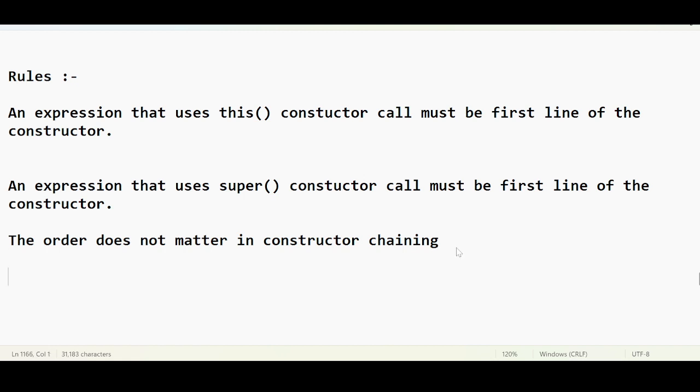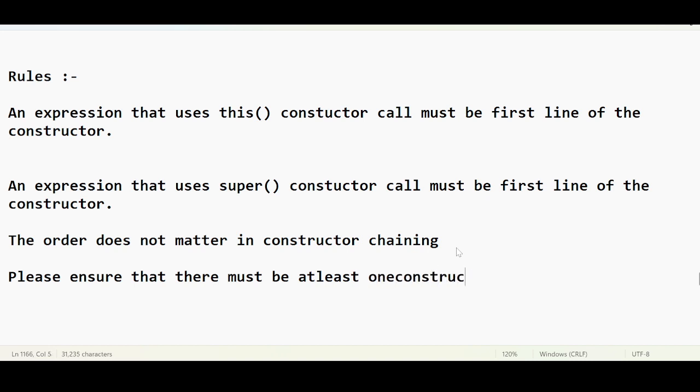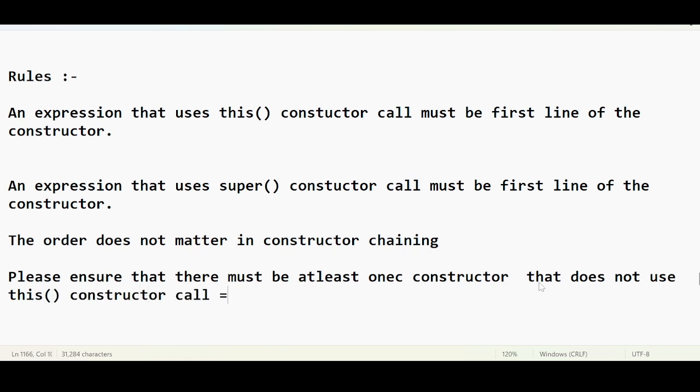And the third rule says, please ensure that there must be at least one constructor that does not use this constructor call.